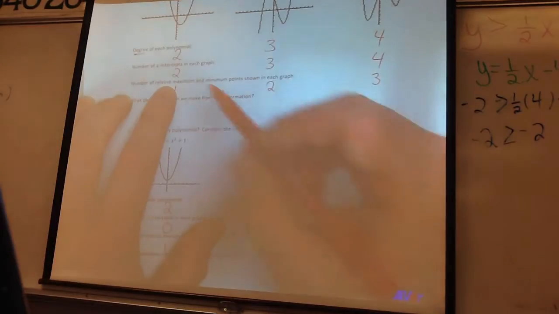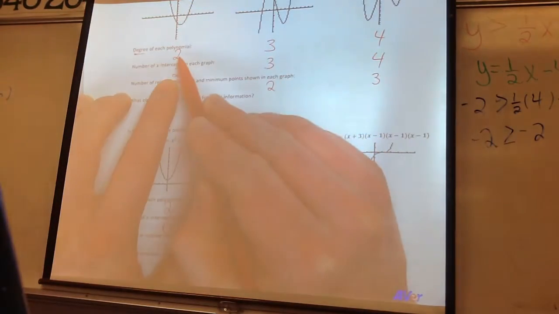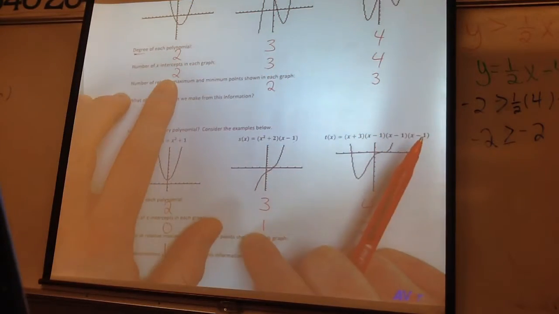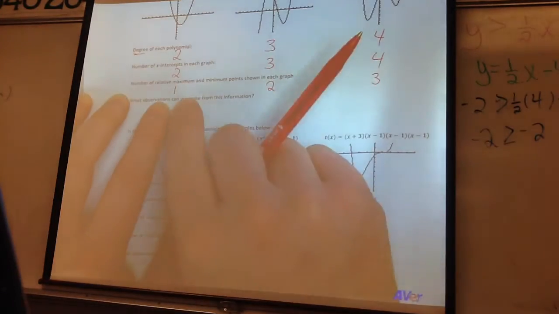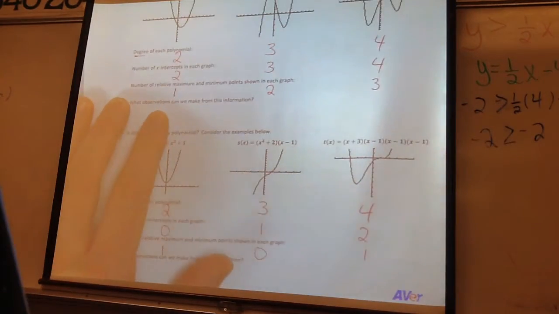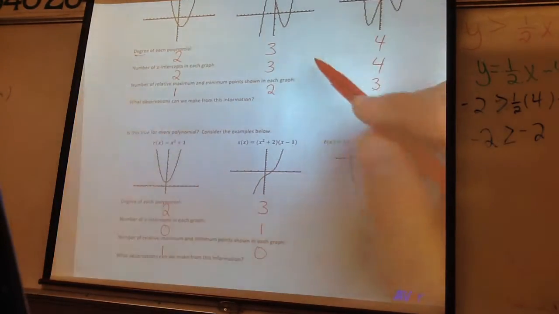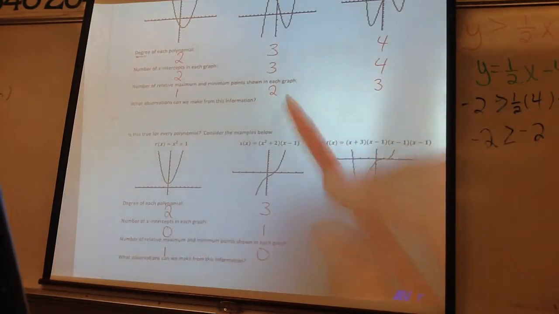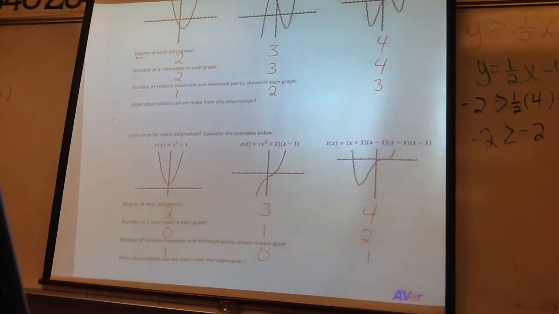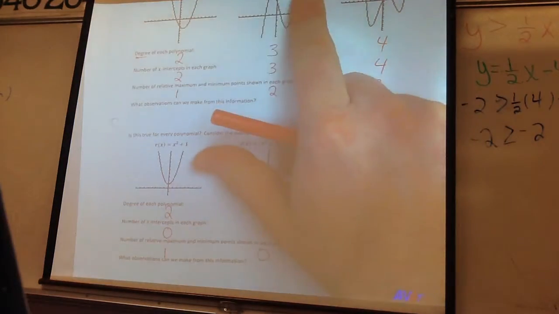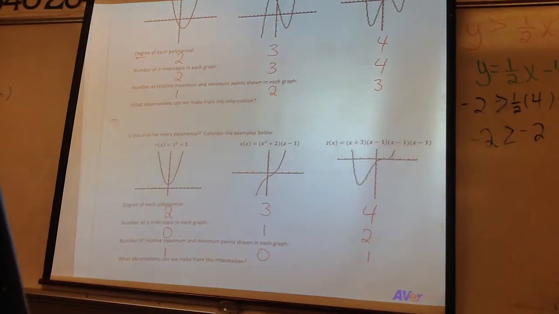All this means is the degree tells you the maximum number of x-intercepts and the maximum number of hills or valleys. It may have less. Like you could have 0 x-intercepts for an x squared. You could have 1 x-intercept, or you could have 2, but you cannot have 3. For an x to the third, you could have 0, 1, 2, or 3 x-intercepts, but you can't have more.